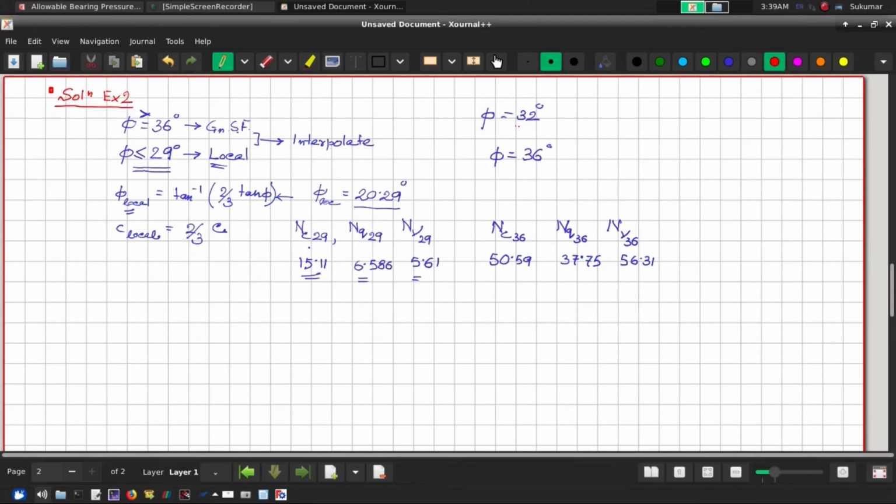Phi equal to 32. So what shall I do? I will do the linear interpolation like this. I don't need NC in this case, so I will not calculate NC for 32.